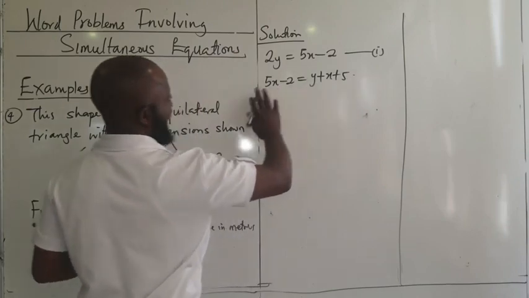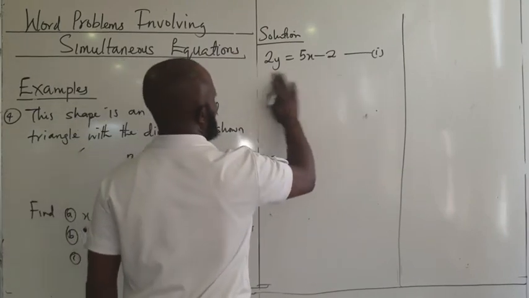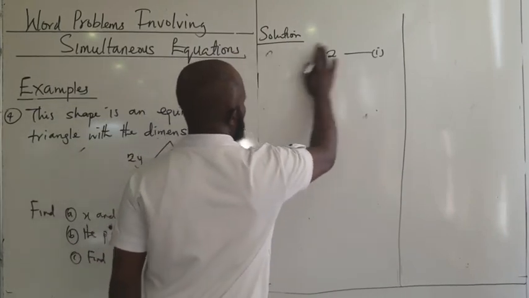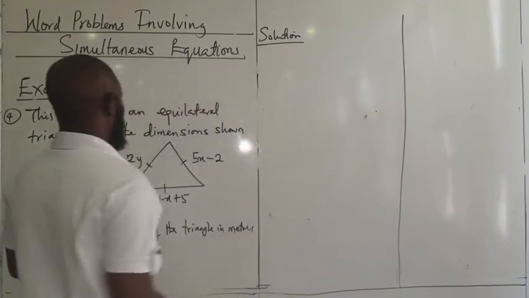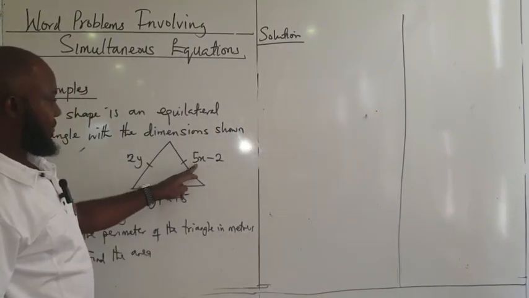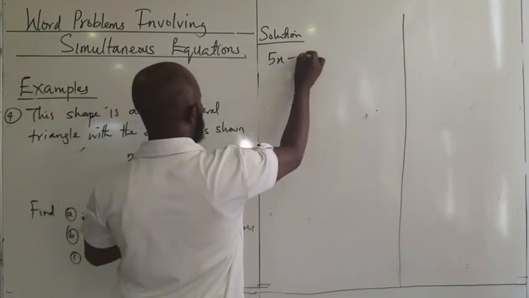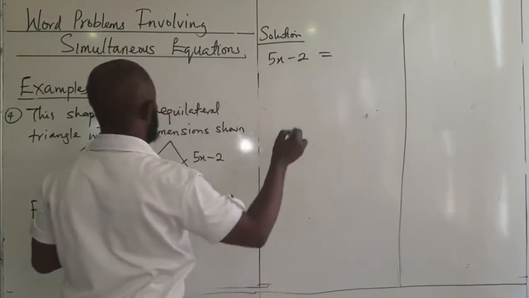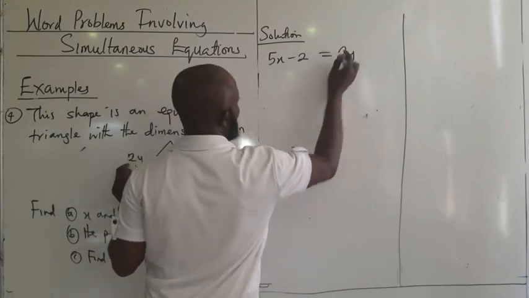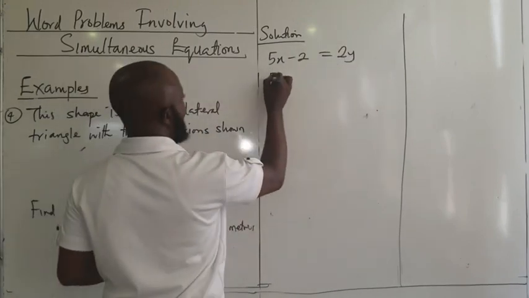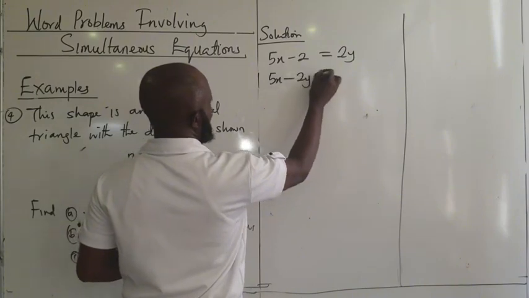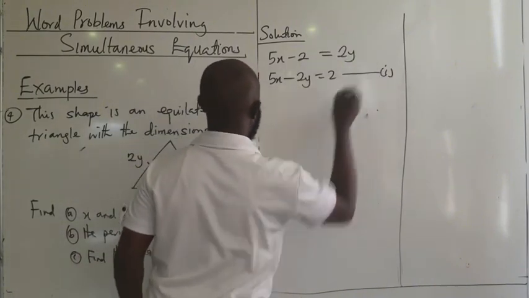So we can rewrite this. Let's start again. So let's have 5x minus 2 equals to 2y. So let's write this to be 5x minus 2y equals to 2, equation 1.